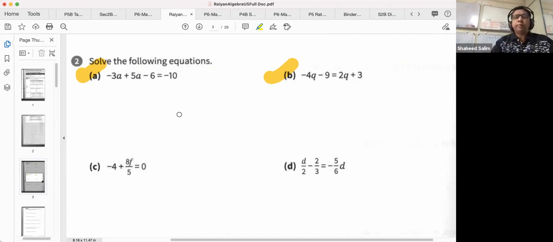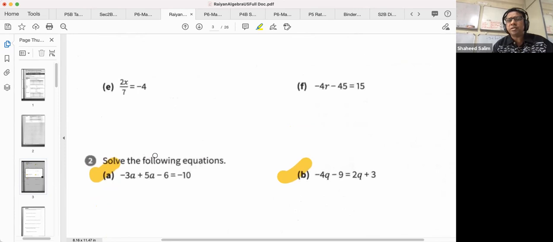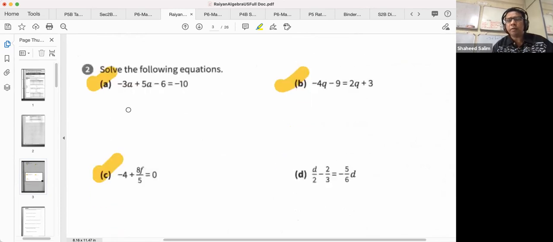Well done. Okay, now slightly higher. You bring the 4 over first, and then it will be the same as this form. You can times the opposite number, times both sides. Okay, you try now.